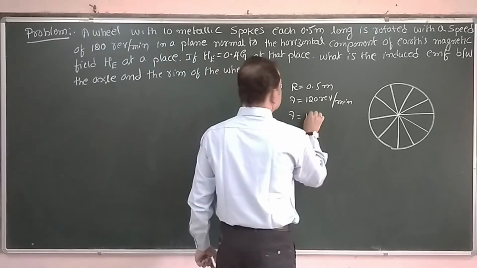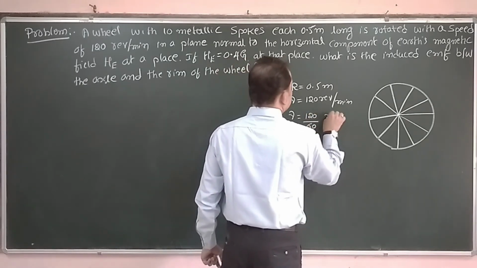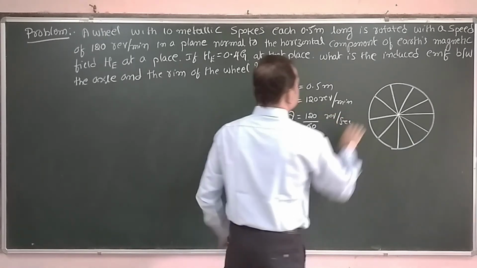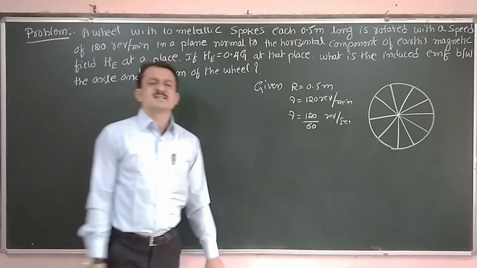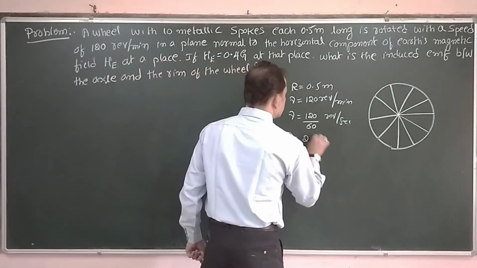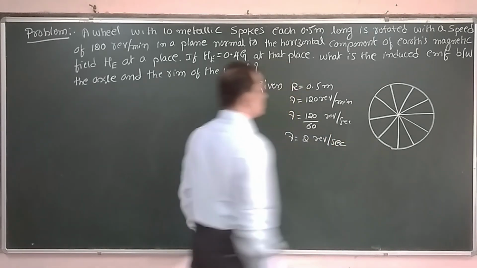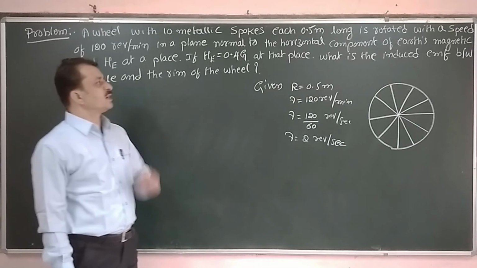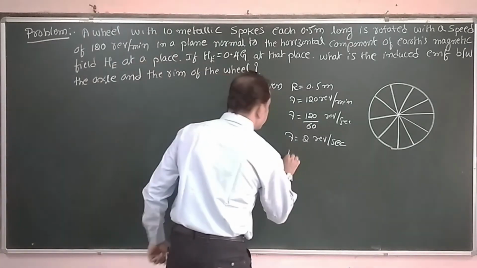The frequency of revolution is 120 divided by 60 revolutions per second. Because they have given it in minutes, we have to convert it into seconds. Therefore, the frequency of revolution is 2 revolutions per second. And the magnetic field is the horizontal component of the Earth's magnetic field.